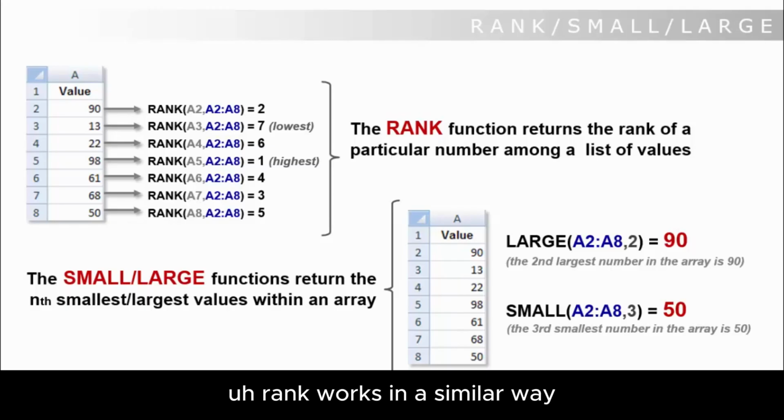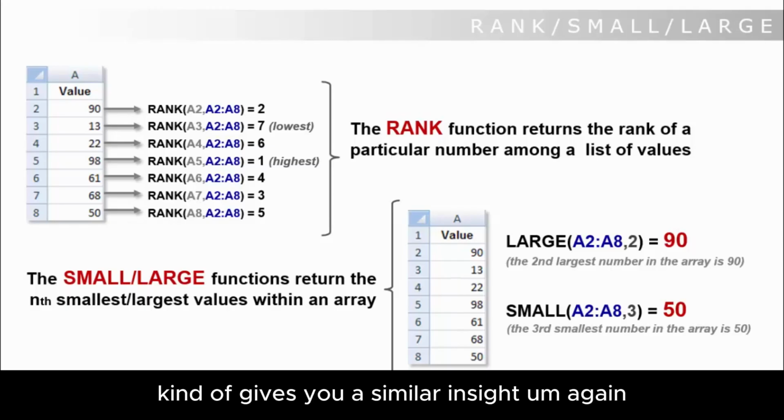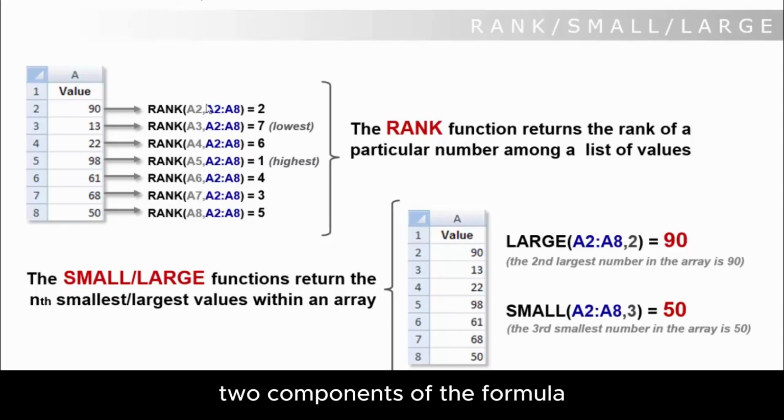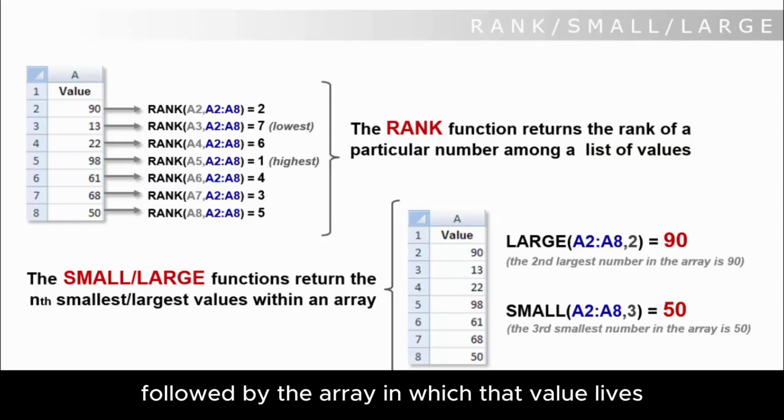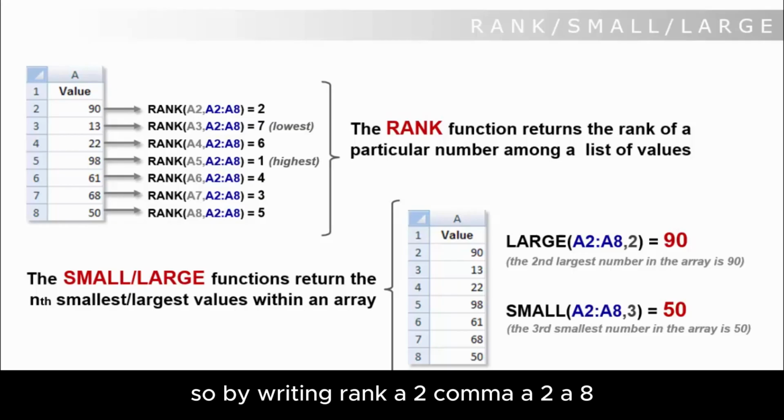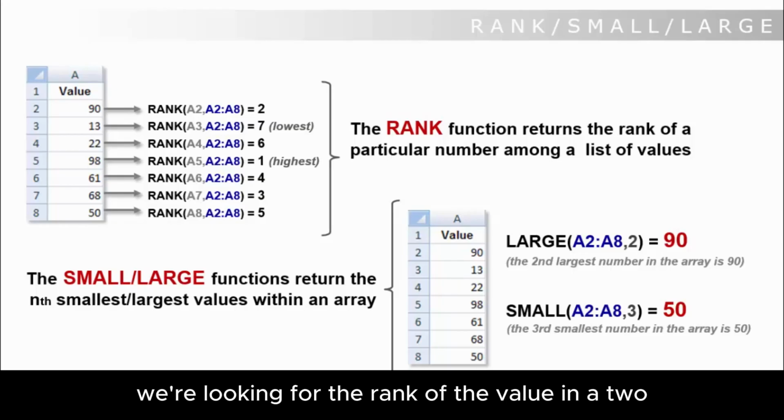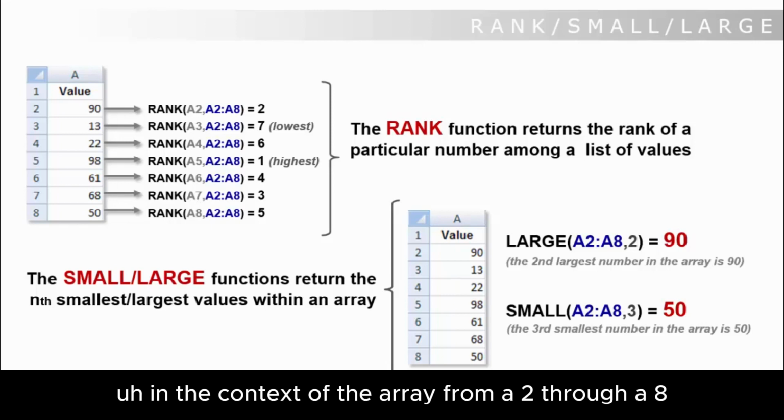Rank works in a similar way, it kind of gives you a similar insight. Again, two components of the formula. You start with the cell of interest, or the value that you're trying to find the rank of, followed by the array in which that value lives. So by writing rank A2, comma A2 through A8, we're looking for the rank of the value in A2 in the context of the array from A2 through A8.